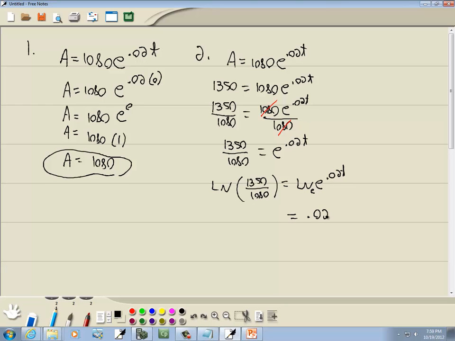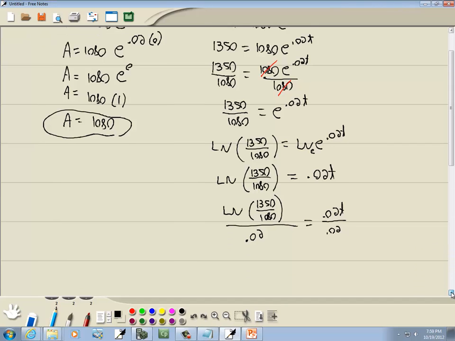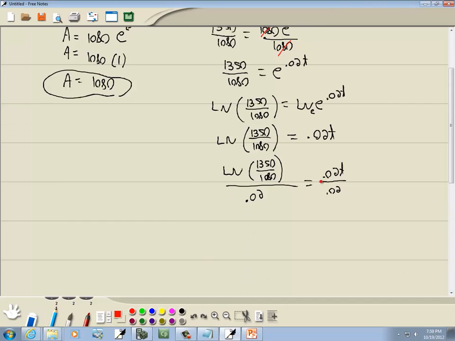So we got 0.02 t, and then over here the natural log. Now we're trying to solve for t, so we'll divide both sides by 0.02. So we got natural log of this divided by 0.02. And when we do that, these 0.02s will cancel, and we got t is equal to something.